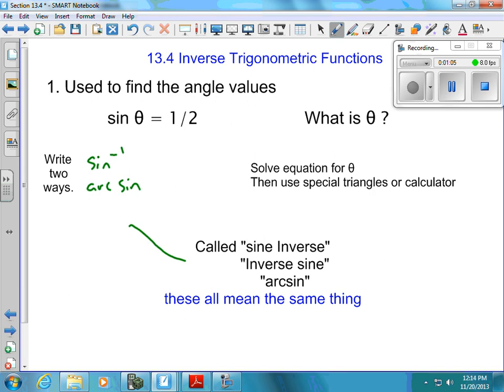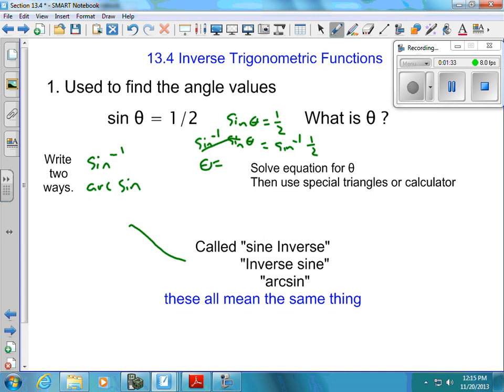So in order to solve this equation, we would apply the arc sine to both sides. And so we would find what theta is. Arc sine of theta, or what angle, when we take the sine of it, gives us the 1/2 ratio.